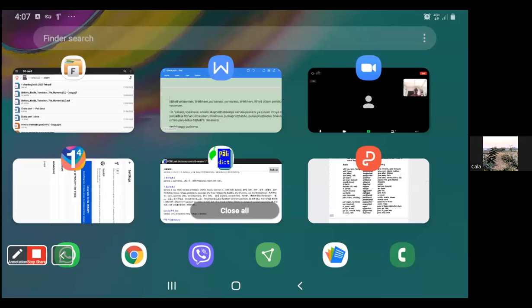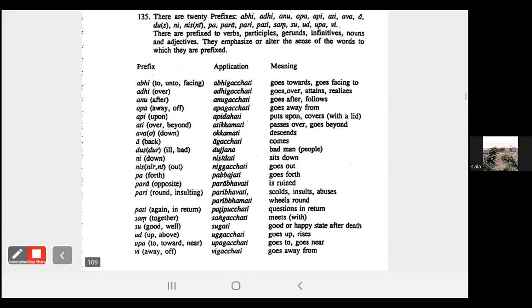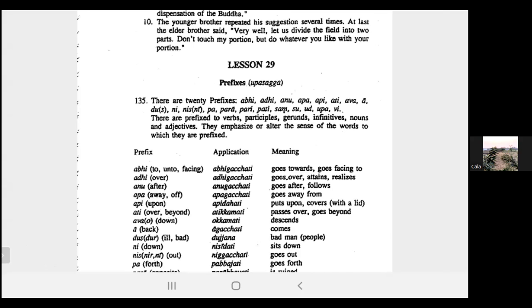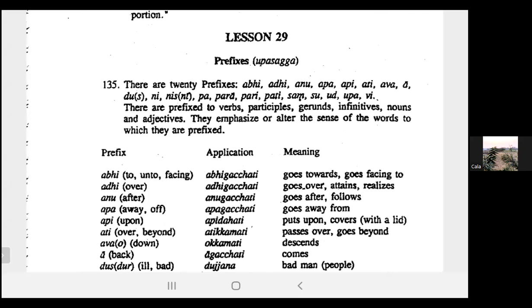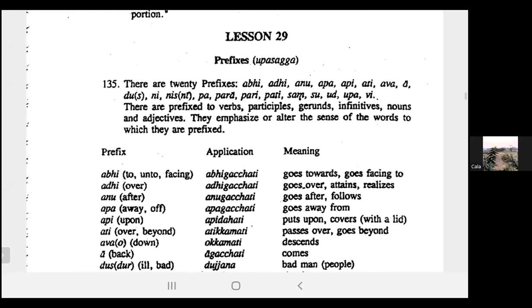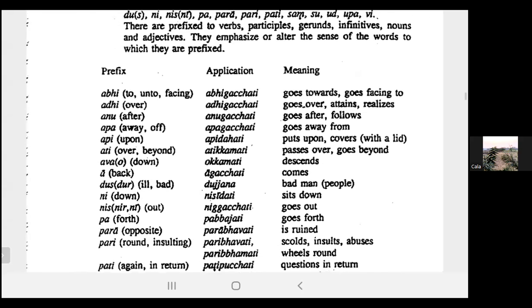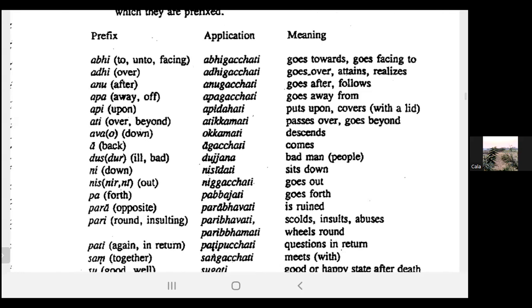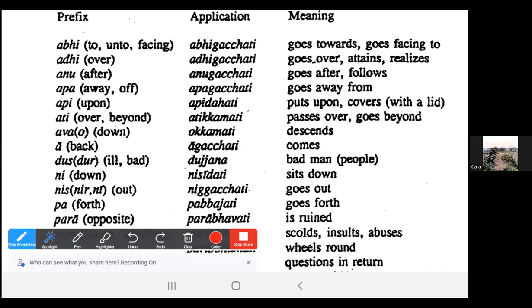In Pali, the prefix is quite important, because you can see prefixes in the noun as well as the verb. We were just talking about agacchati. Gacchati is go, but if you put the prefix a, it has the meaning of negative or bad, the opposite of go, so it means comes.